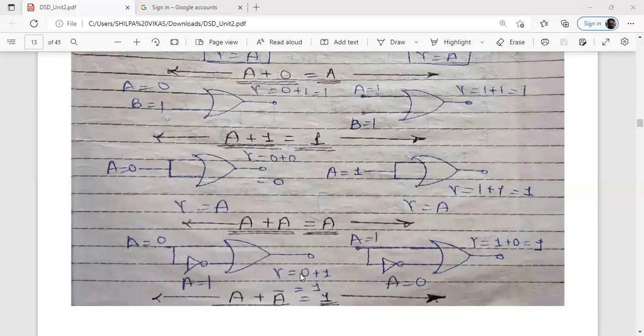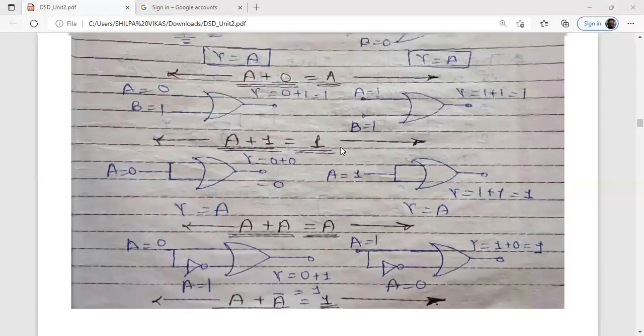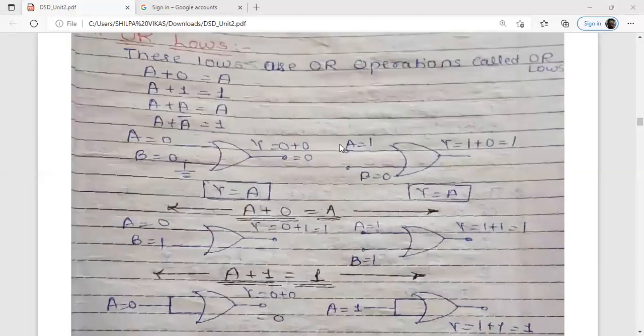Here a is equal to 0, and we complement it to get a bar, so a plus a bar is equal to 0 plus 1, which is 1. Again, a is equal to 1 and the complement is 0, so 1 plus 0 is 1. In this way we can prove the OR law.